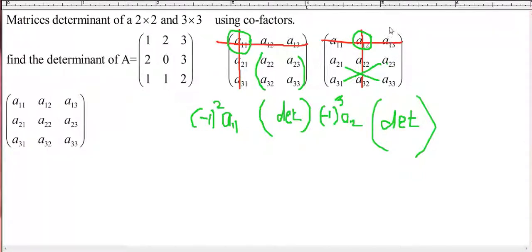And then what is left is the last column, which I'll do in this one. So as we said before, we delete that one, and then we see where our line is intersecting. It's intersecting at A13, and then we still have a beautiful 2x2 matrix here.